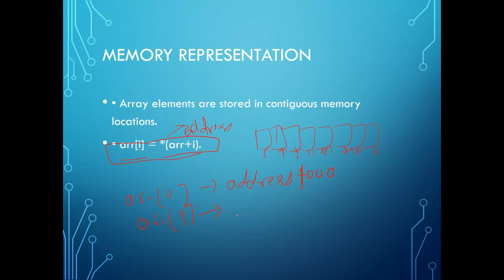It will be at the 1004th position, because if you have defined it as an int, an integer has 4 bytes of size. So 1000 plus 4 becomes 1004. Array[1] would be at the 1004 memory location.